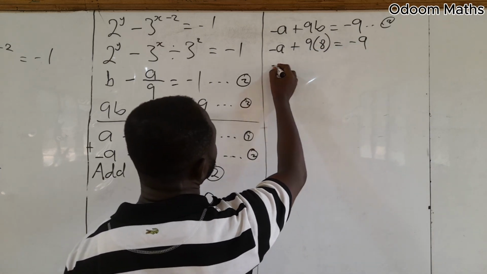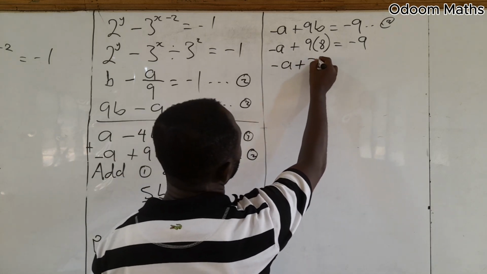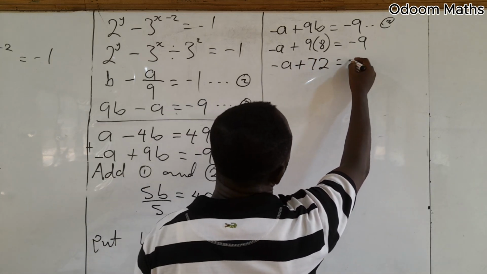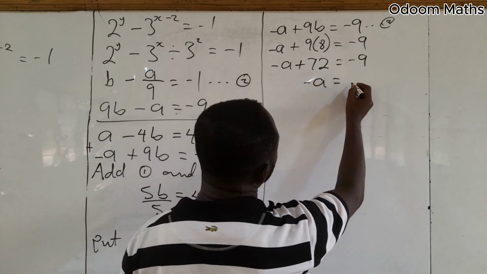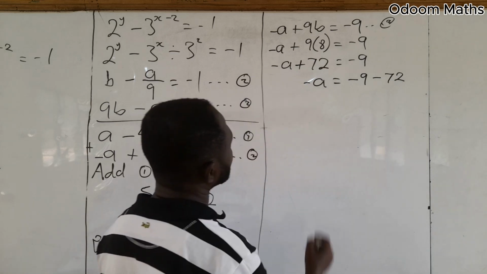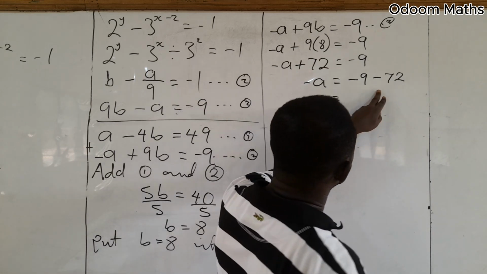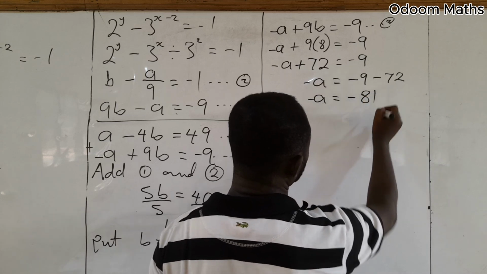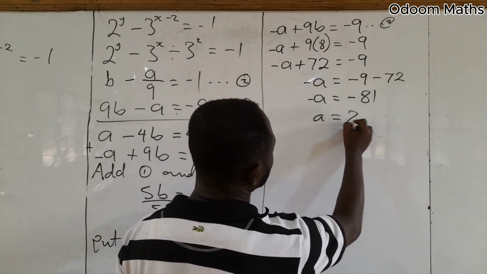Then negative a, 9 times 8 is plus 72, equals negative 9. Then my negative a is going to be negative 9 minus 72, so negative a becomes negative 81. Now you divide both sides by negative 1 and a becomes 81.